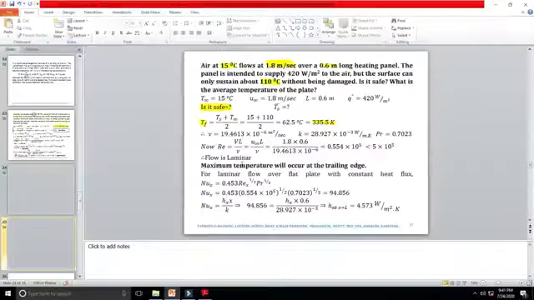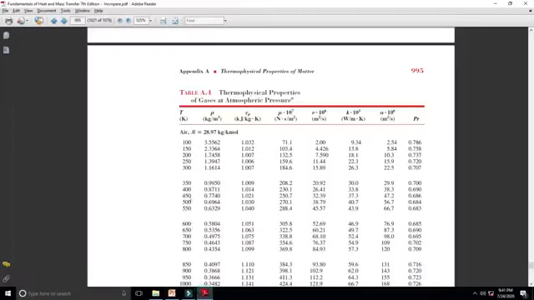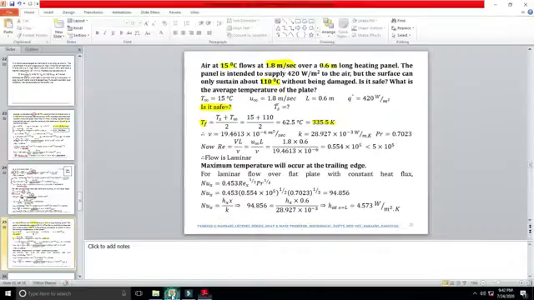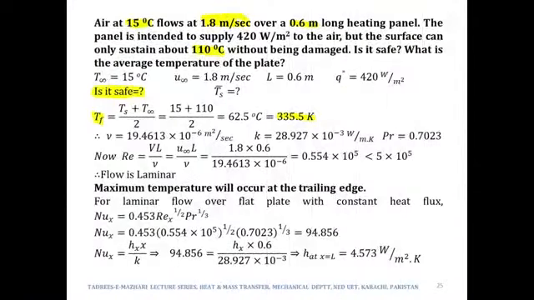Again, the three properties: nu, k, and Prandtl number. It is 335, so again it would be somewhere between 300 and 350 Kelvin. So we need to perform interpolation, right? So after interpolating, we will get the values as those that are mentioned over here for nu, k, and Prandtl number.